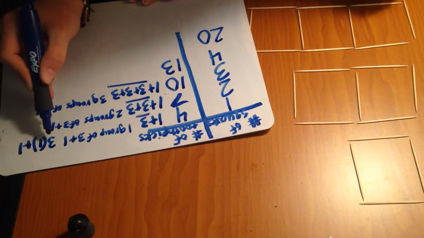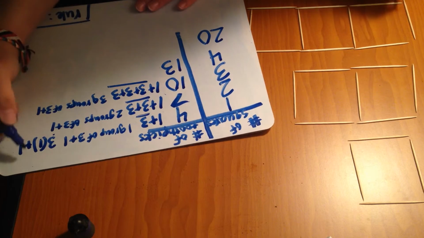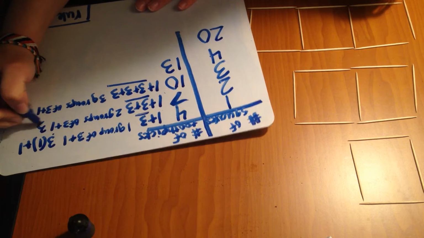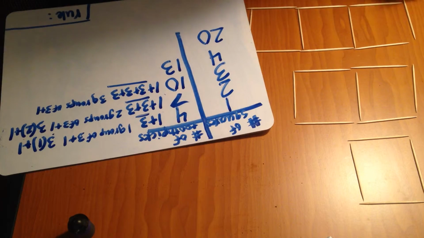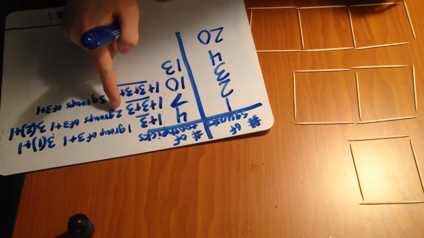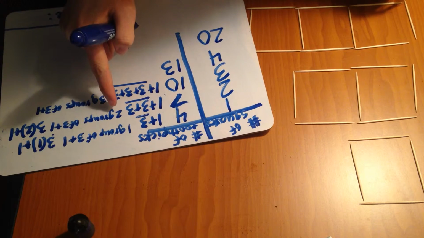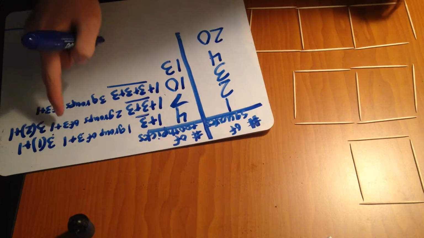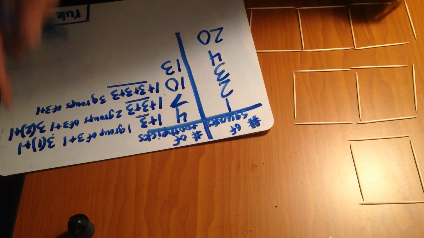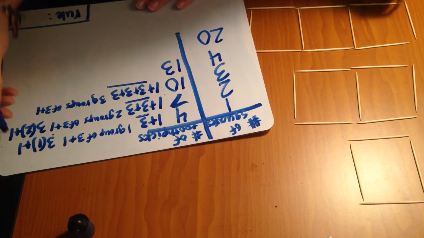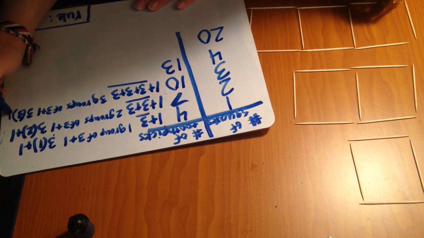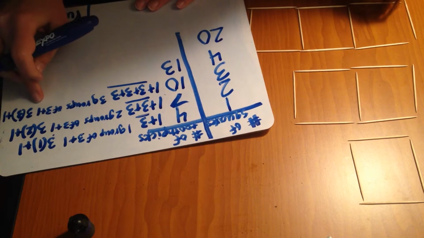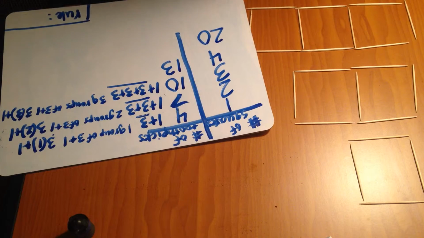Here I have 3 times 2 plus 1 because I have 2 groups of 3 plus my 1. Alright, and here I have 3 groups of 3 plus 1.